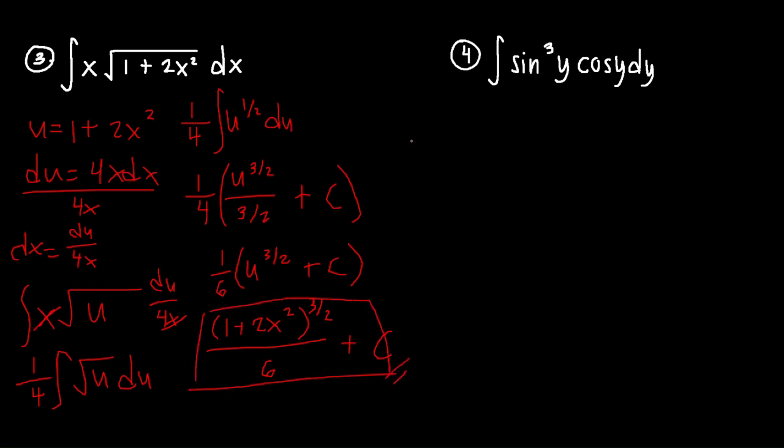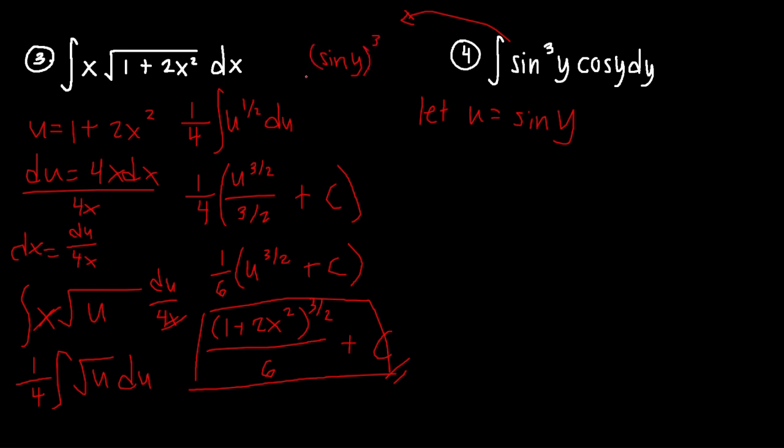Okay, for the next one, there's a sine here: sine cubed y cos y dy. We will use the trigonometric substitution. So basically, all you have to do is let u equal sine y, because this can just be represented as sine y cubed.